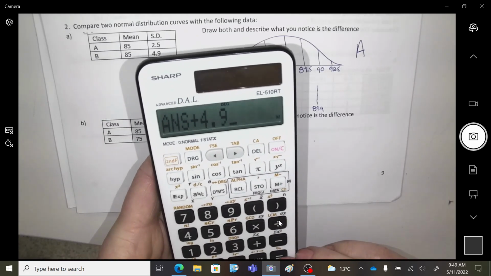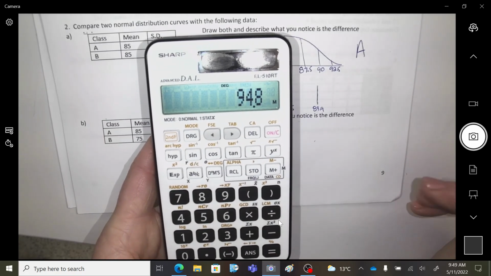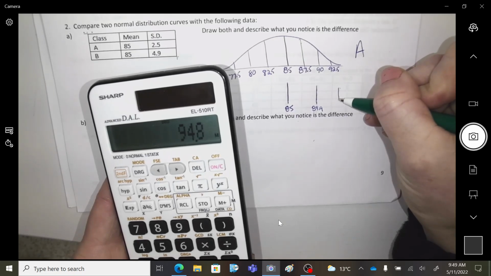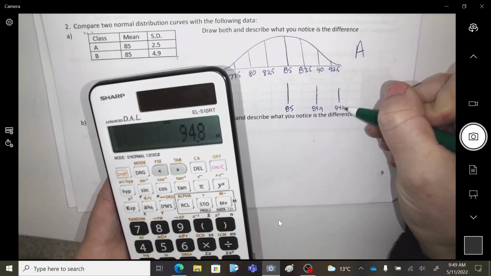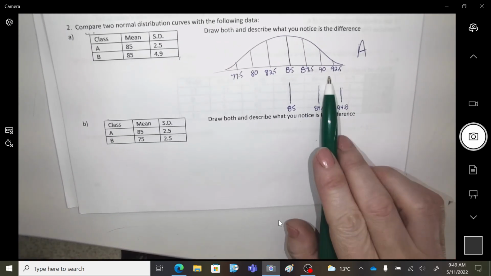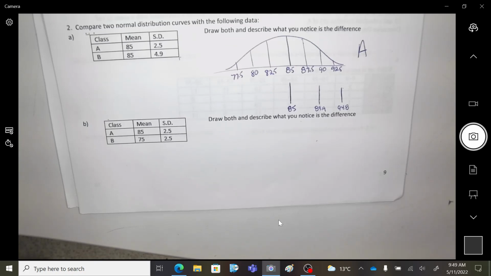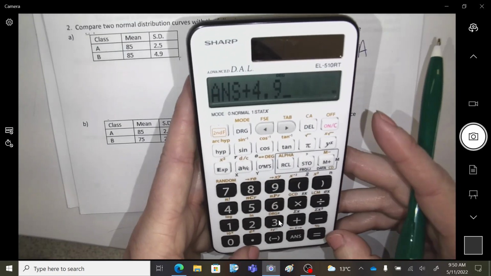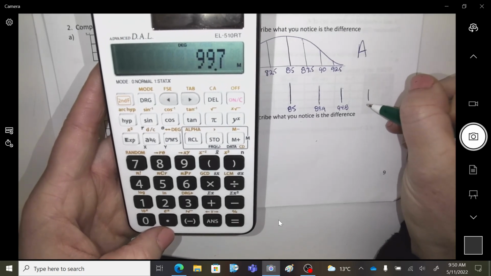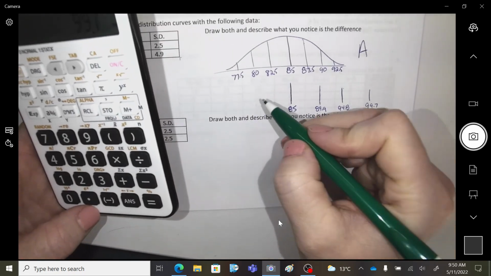Plus 4.9 is 94.8. So do you see what I'm doing? I want these numbers to kind of line up where they should be. Plus 4.9 is 99.7.